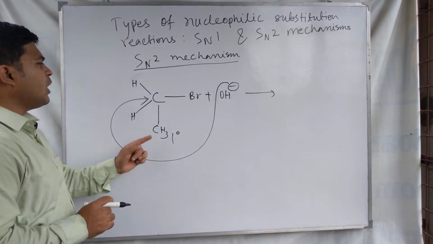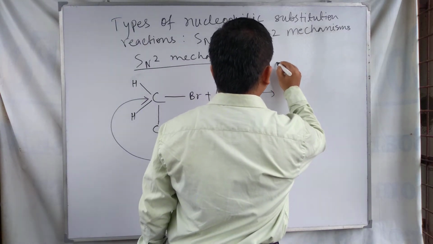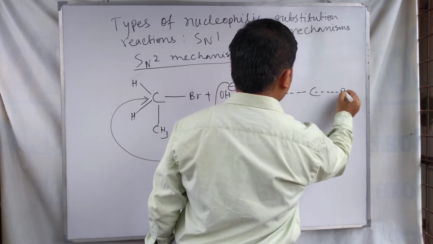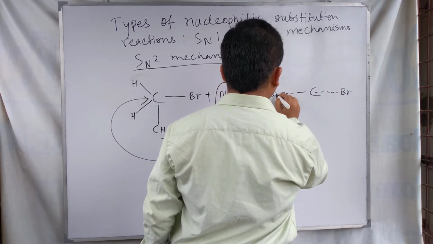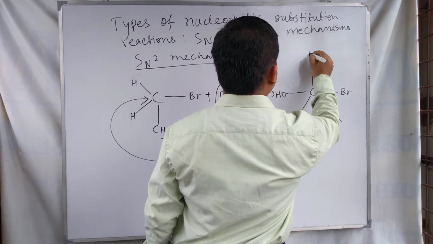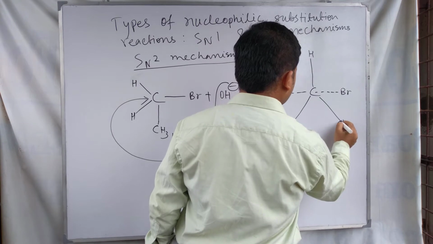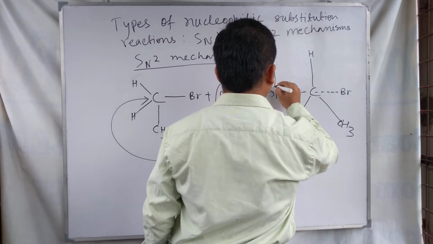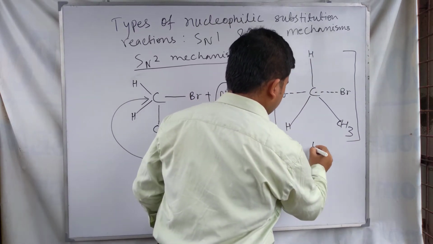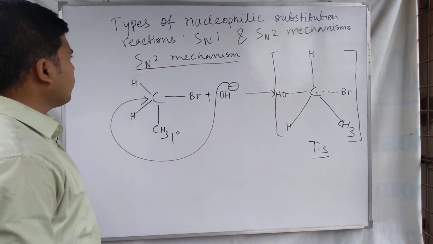The OH minus will attack, and at the same time a transition state is formed. This one is the transition state, which is formed in the SN2 mechanism.